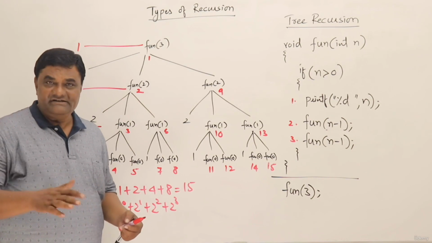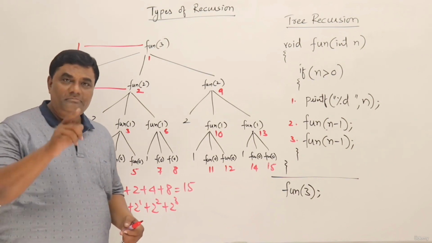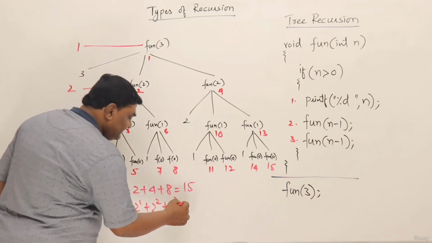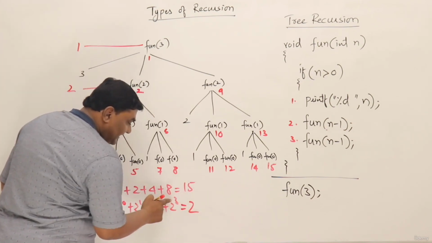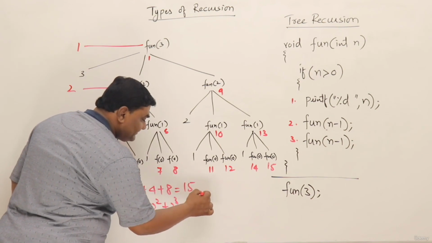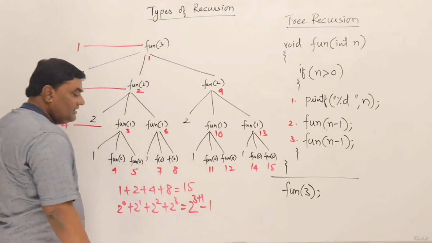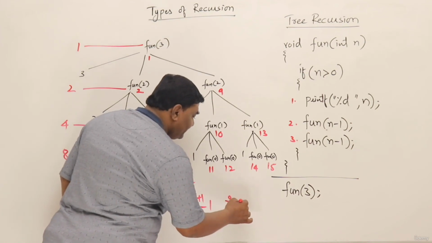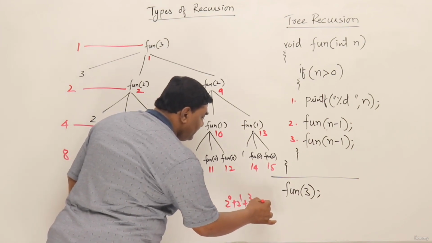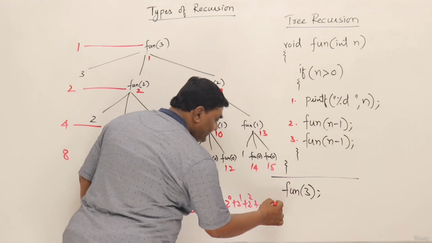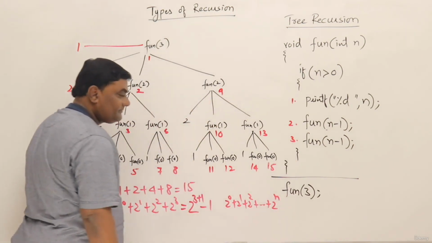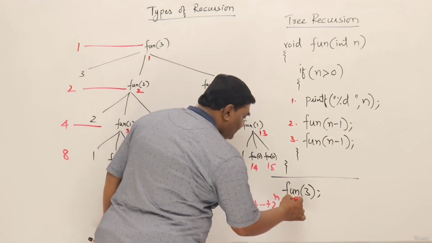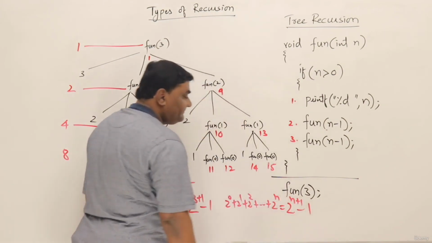What all that GP series is, we will learn some other time, but right now I'll just write the formula. So this will be nothing but 2 power, the highest term is 3, so 3 plus 1, minus 1. So if I have 2 power 0 plus 2 power 1 plus 2 power 2 and it goes on, if this is n, then this will go till 2 power n. Then how much is that? This is 2 power n plus 1 minus 1.